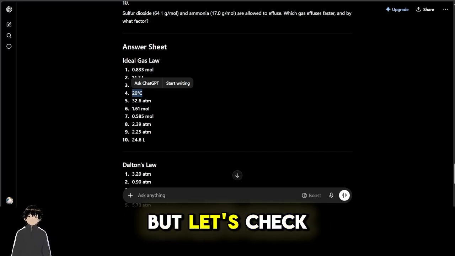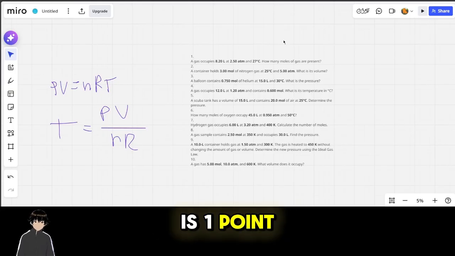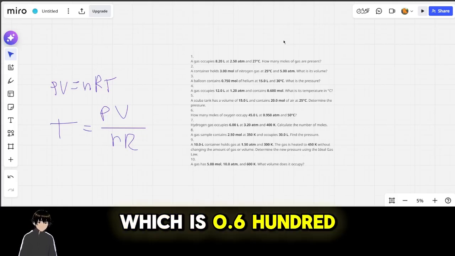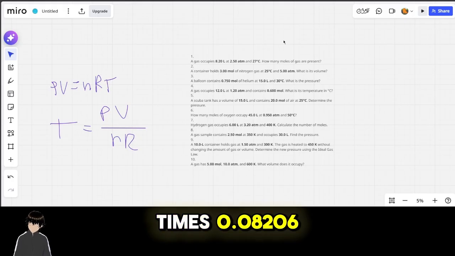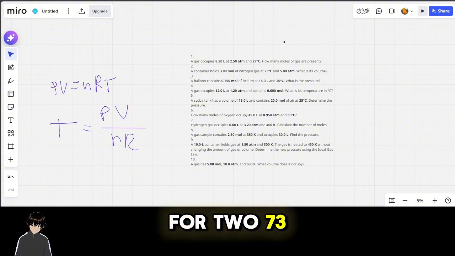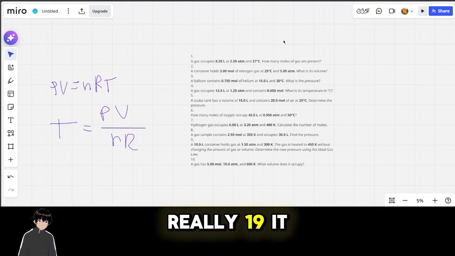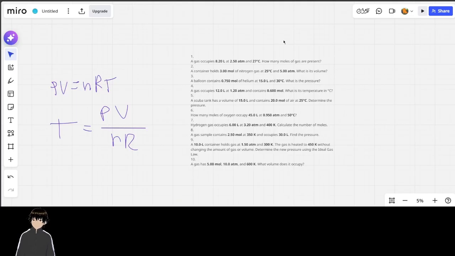There's a chance, but let's check it again. So let's try 1.20 times 12.0 over n, which is 0.600, times 0.08206. Yeah, we minus that by 273.15. Oh, shoot. It really comes out as 19.